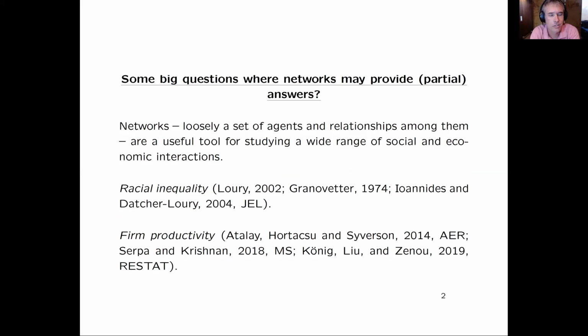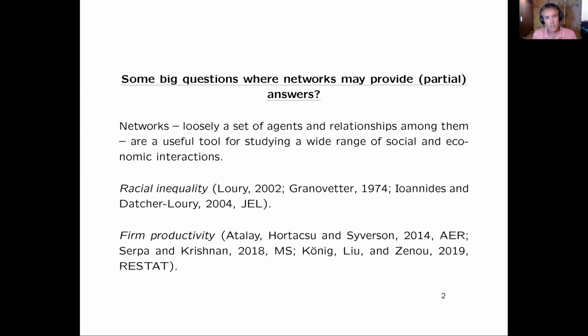In a basic sense, a network is anything that can be described using the mathematics of graph theory. In plain words, a set of agents and relationships among them. And I think there are a lot of big questions in economics where networks might have an interesting role to play. Loury, in a short book he wrote in 2002, postulated that one source of racial inequality in the United States had to do with the differing social networks available to blacks and whites.